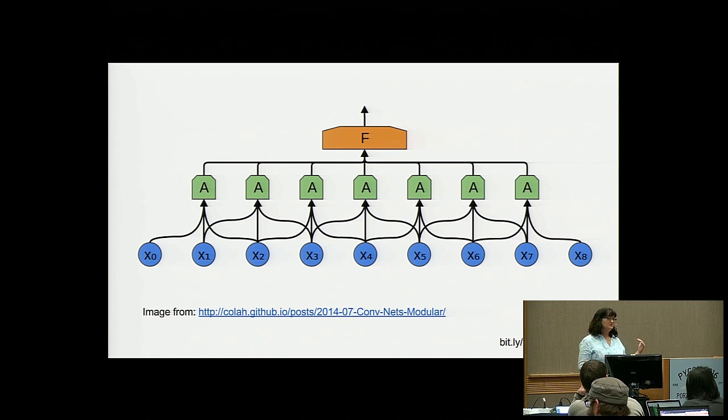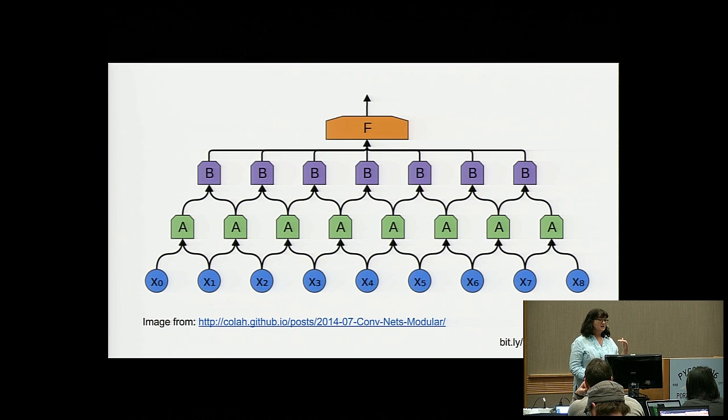So the idea is that you define neuron groups, for example, A, to learn these convolved features, and you can stack them up, essentially letting you learn higher level features at a higher level of abstraction, right? Your lower level convolved filters might be looking for things like edges, and as you go up the hierarchy, you might be able to detect, oh, this is some kind of mammal, for example.